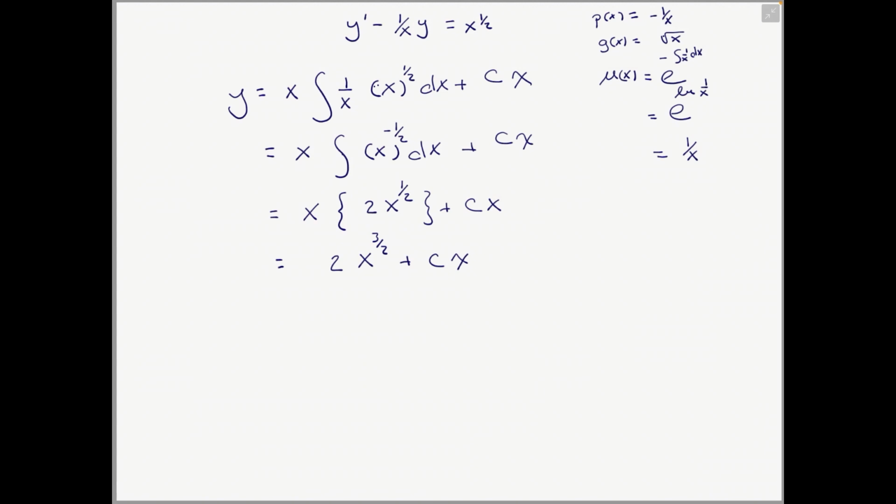And they want us to plot that one. We have to remember that x has to be greater than 0. The limit is y. So we will take a look at that behavior.